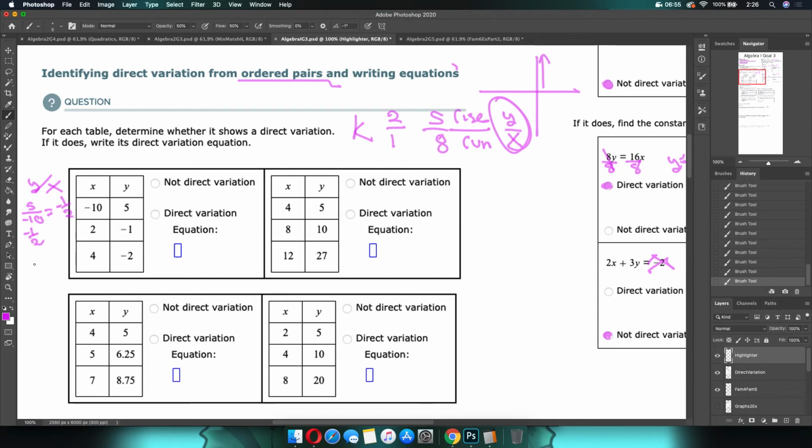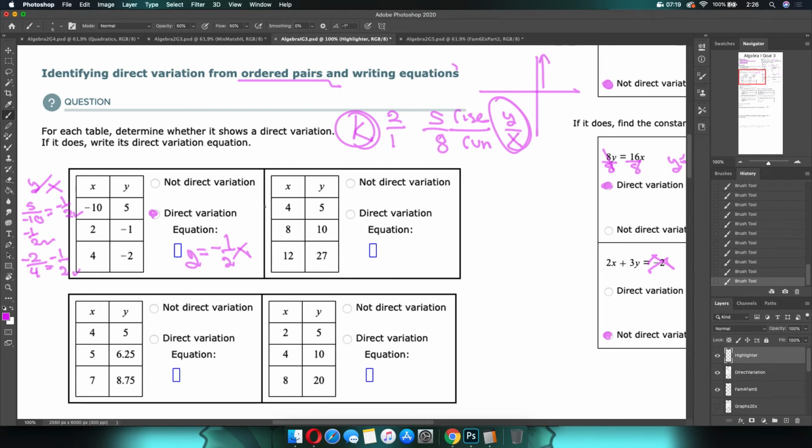They're matching so far. Next, I have -2/4. That simplifies to -1/2. Same number, same number, same number. So this is direct variation, and the equation is y equals -1/2 x. Because again, that's your k, your constant, your slope, your rise over your run. That's what they're looking for you to do.